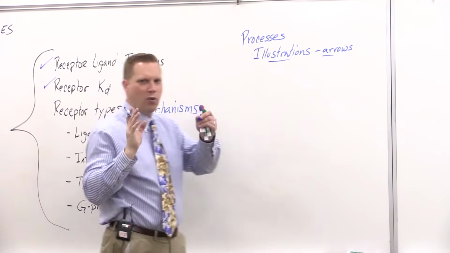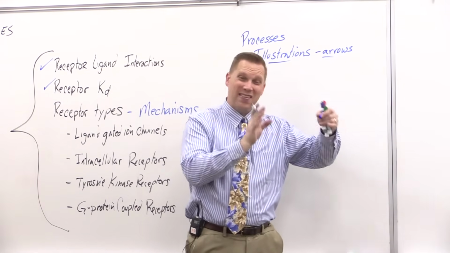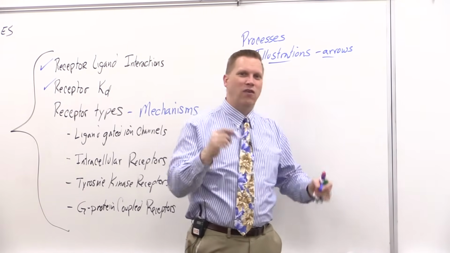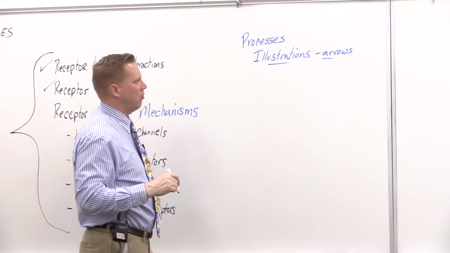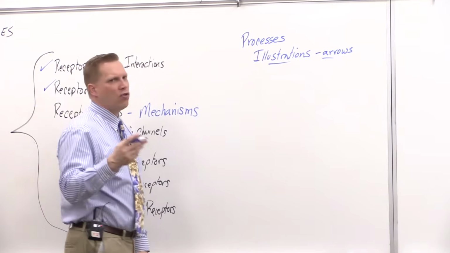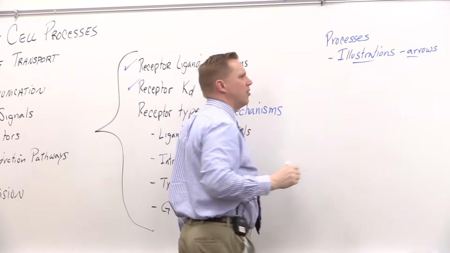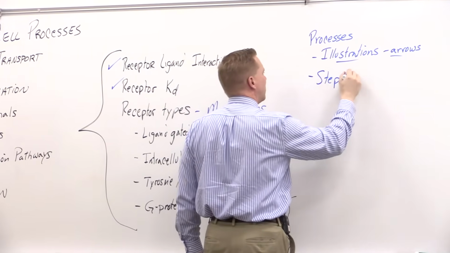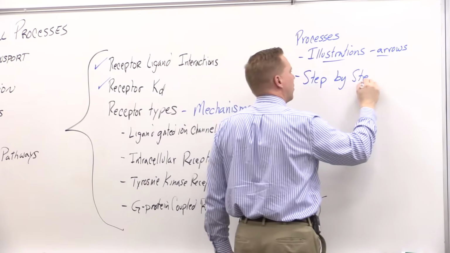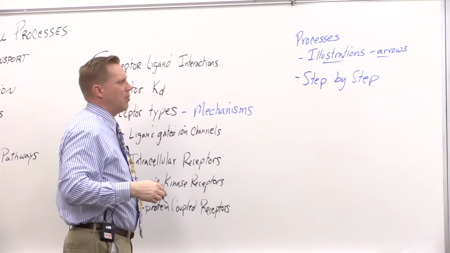I might draw a protein, and then if I draw another protein right next to it, that may be the same protein, just in a different form or at a later time. I'll try and point that out as we come through. As you go through and study these, we will show you how to do some illustrations, and then you'll also want to learn how to write them out step-by-step, what's happening.